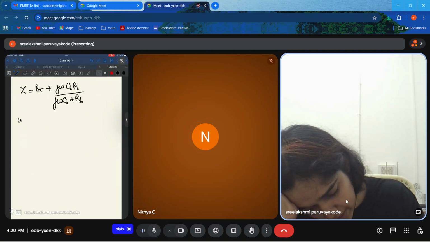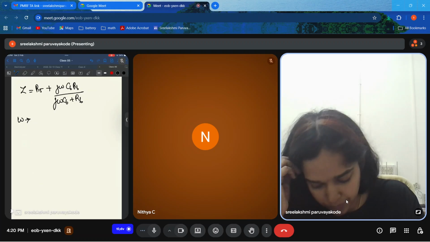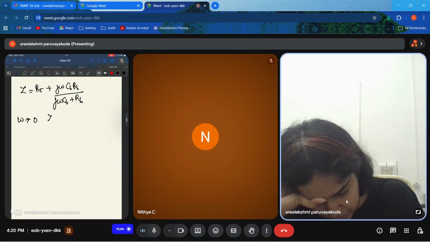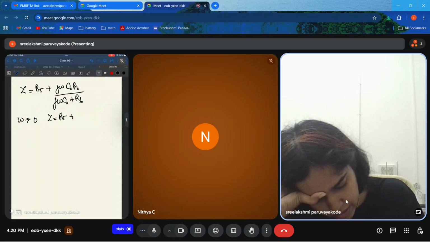Now, omega tends to 0. What value are you getting here? Z equal to how much? This term will become 0, so Z equals R5.